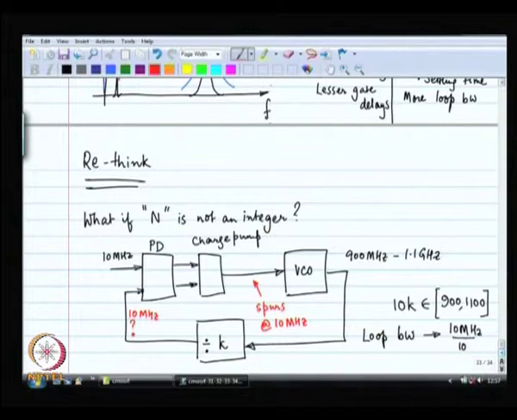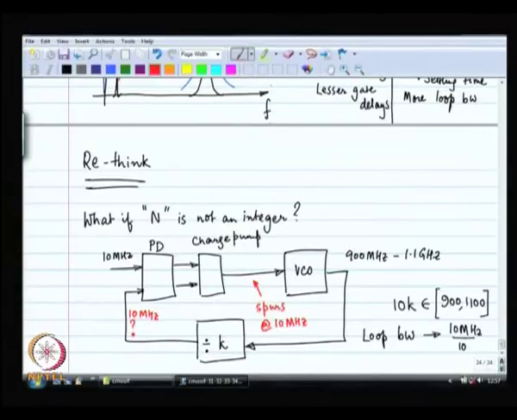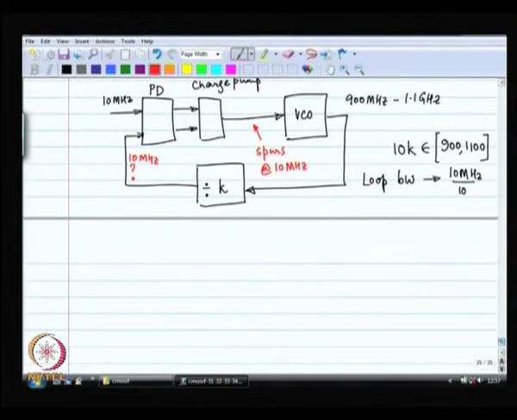Okay. So, this is all neat, the only stumbling block is this business. How can you possibly divide a frequency by a non-integer?